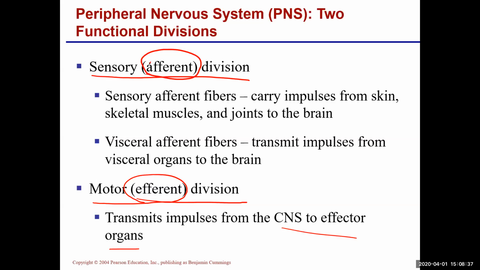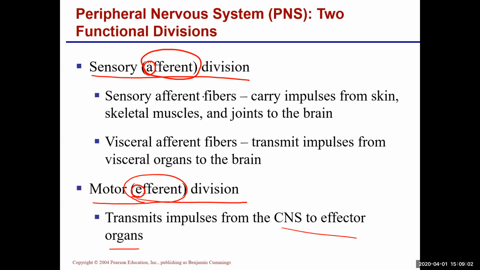So afferent has an A. You could think of information or signals arriving at the central nervous system. And efferent division, E, you could think of impulses exiting the CNS.